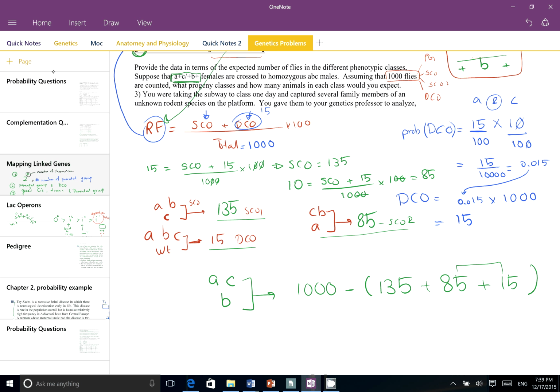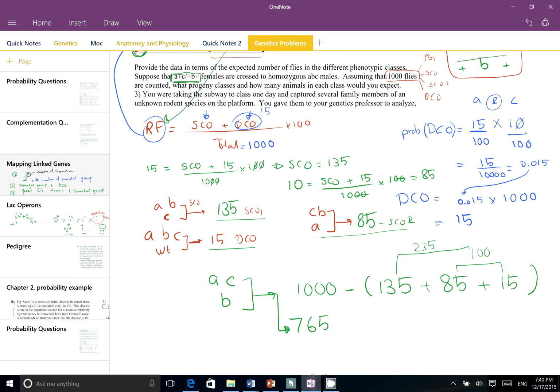This and this is like 100 plus this one is 235. 1,000 minus 235 is going to give me 800 minus 35, 765. So this is the answer for my parental group. Anyways, it took me a while to explain it, but if you practice this on your own, you're going to do it really fast and solve it in the exam right away.